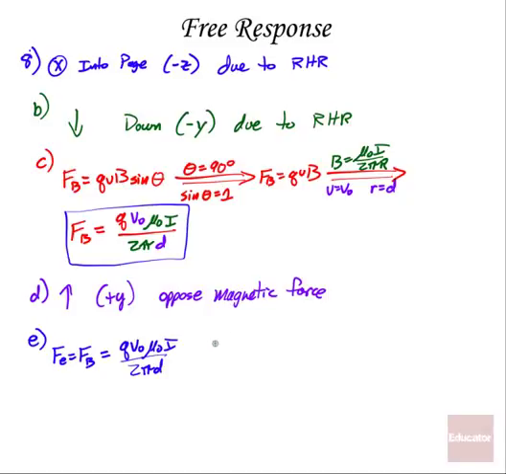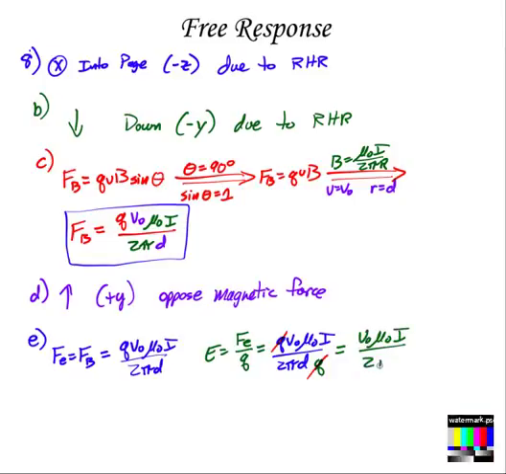The electric field is the electric force divided by the charge. So that's going to be Q V naught mu naught I over 2 pi D, and we still have to divide out that Q. Those will make a ratio of 1, and that's going to leave me with my answer of V naught mu naught I over 2 pi D.